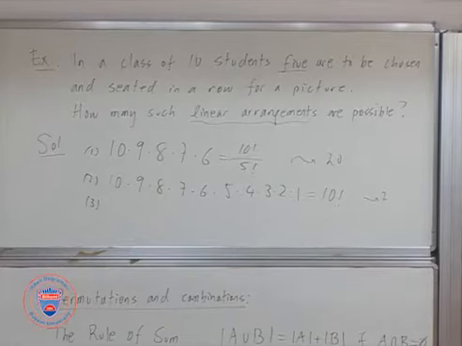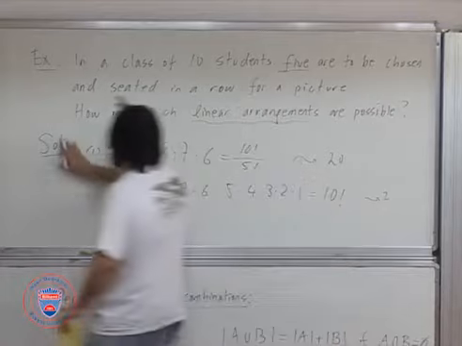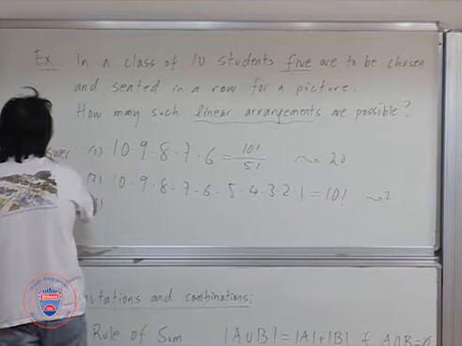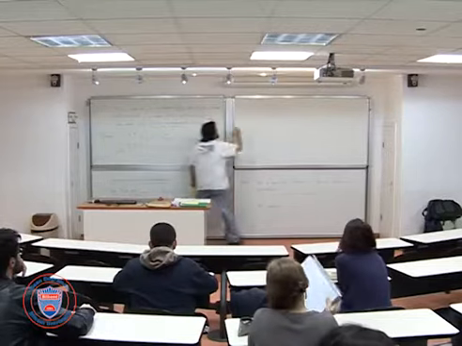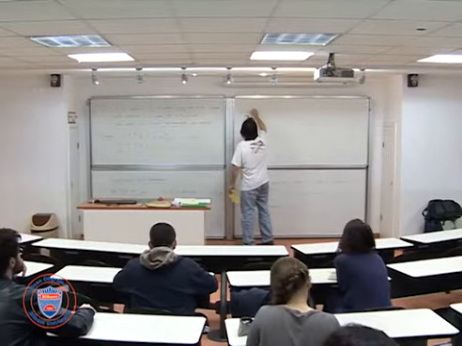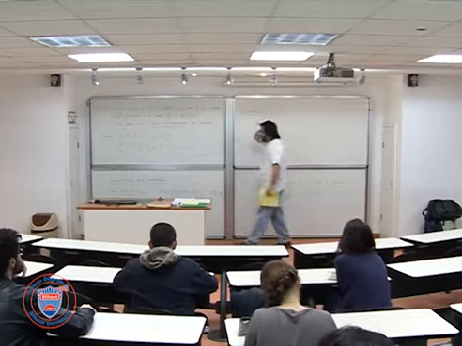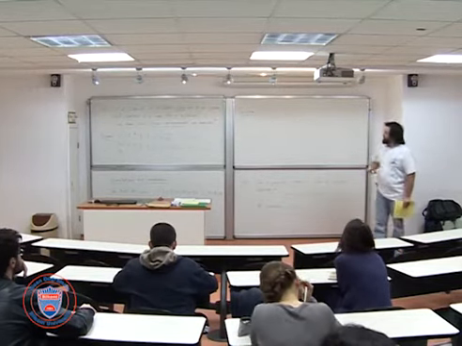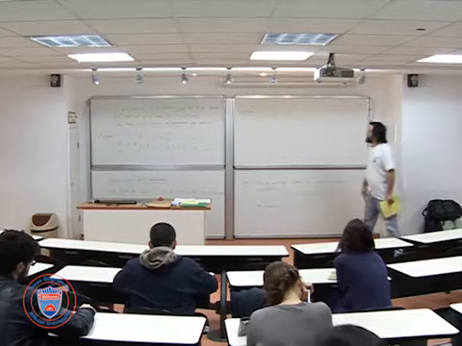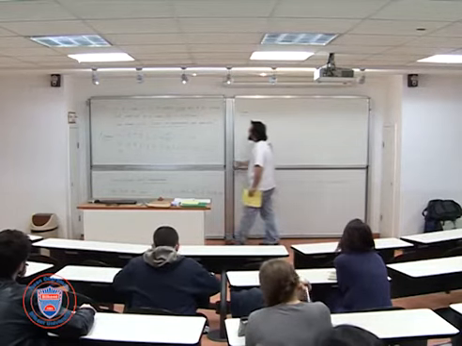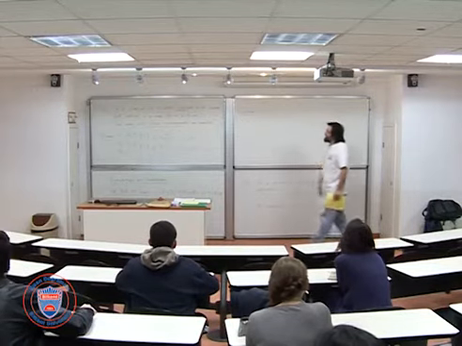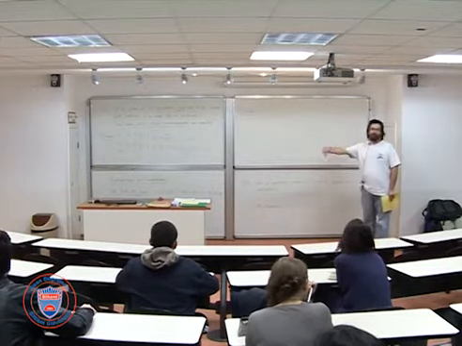So how do we solve it? These are answers, now solutions. Let's try to write a solution. We have to use one of the rules, right? There's no real addition here, because we're trying to get linear arrangements, which means there's a multiplication process.